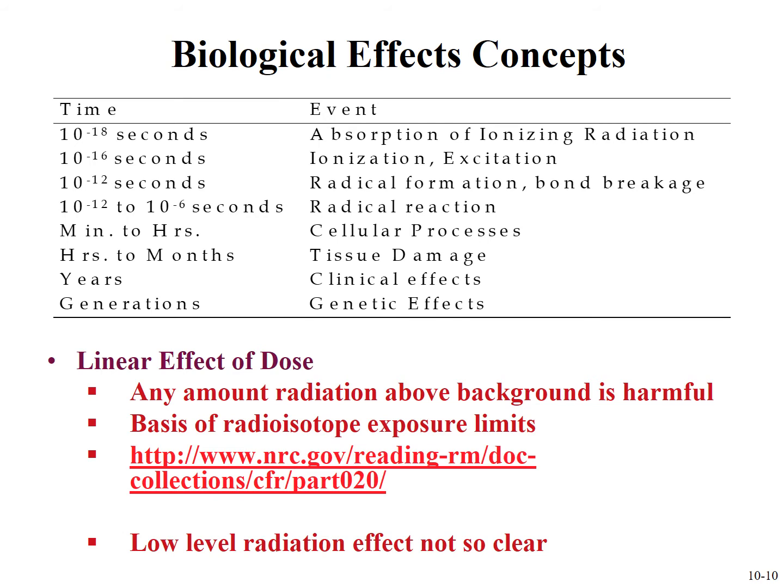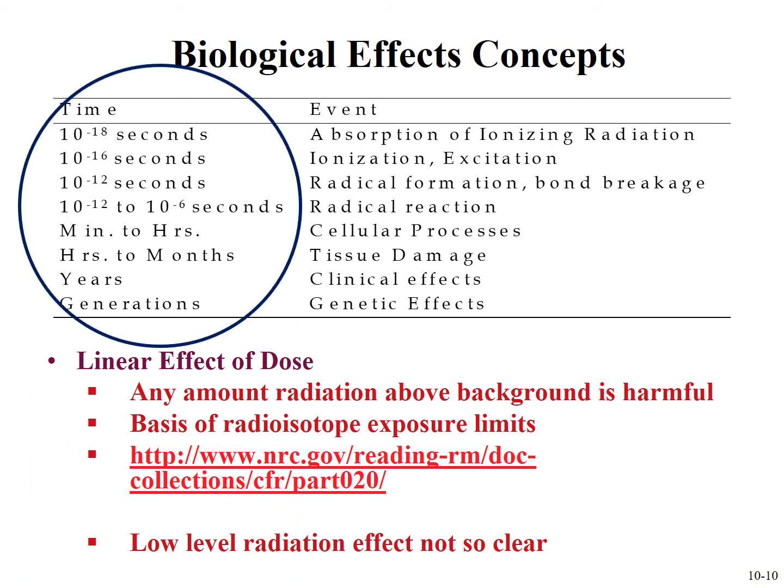One of the reasons that we can only evaluate this detriment as a probability has to do with the actual biological effects due to radiation exposure. As we see here, there's a table of events that can occur over a function of time due to biological interaction with radiation.